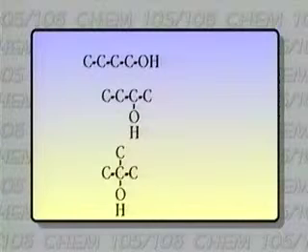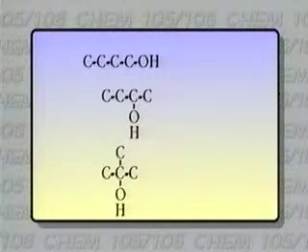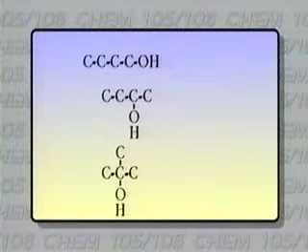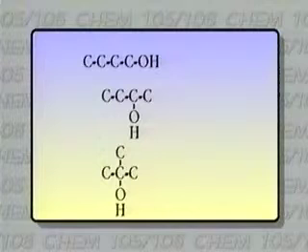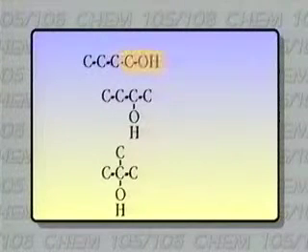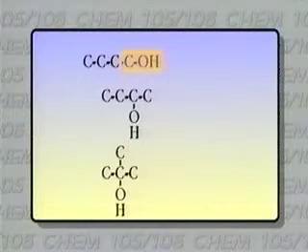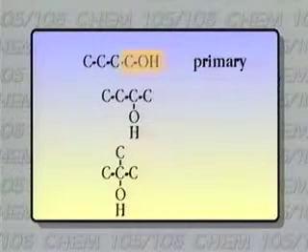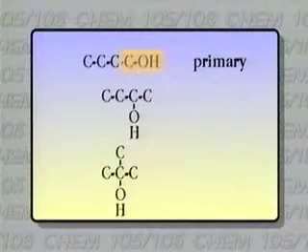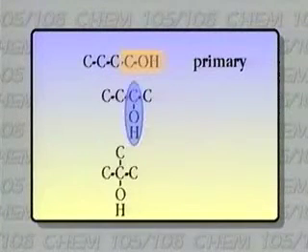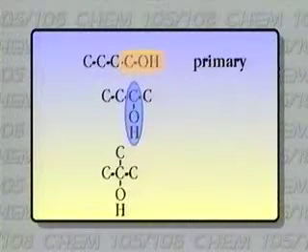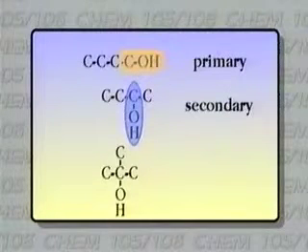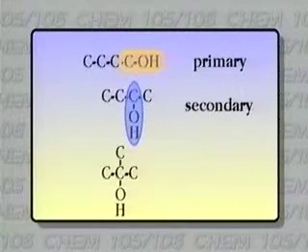But what I want to point out here in the naming part, as I said, you don't need to bother writing that down. When we have the alcohol attached to a carbon, which is only attached to 1 carbon directly itself, this is referred to as a primary alcohol. When we have the alcohol attached to a carbon, and that carbon is attached to 2 carbons directly, then this is referred to as a secondary alcohol.